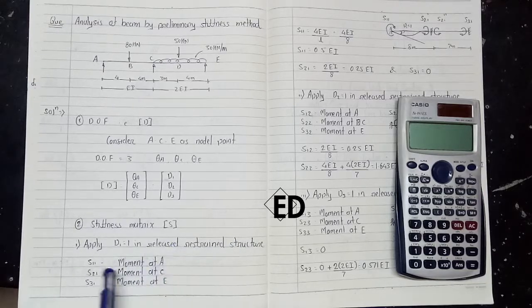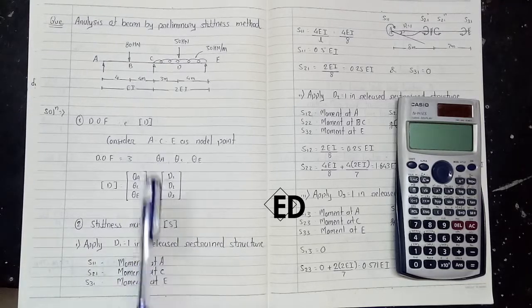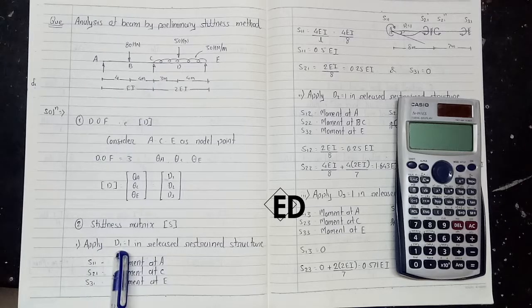For calculating the stiffness matrix for deflection at A, apply D1, that is theta A. As we know, stiffness is nothing but the moment produced due to unit deflection.